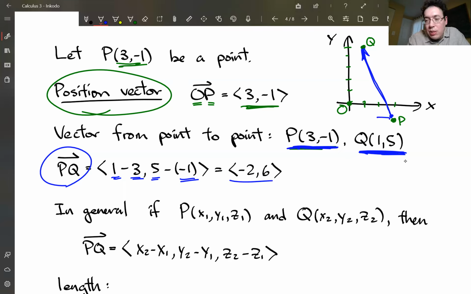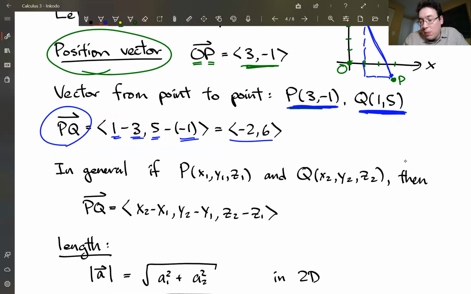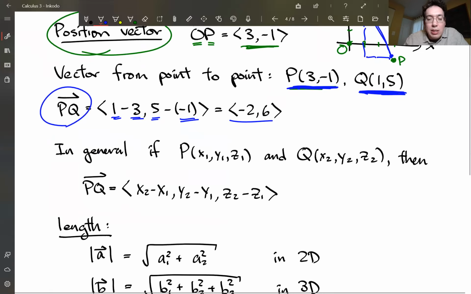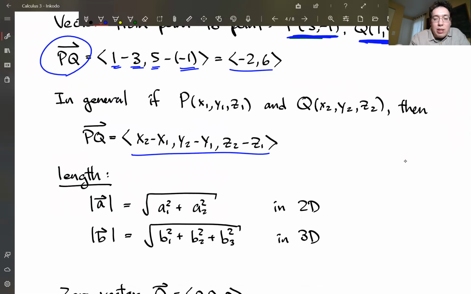So it goes 2 units to the left and 6 units upward. That's exactly what we have pictured there. Okay, so in general, if you want to do this in 3-dimensional space, it's still the same idea. Look at the difference of the coordinates, but make sure to put the coordinates of the head of the arrow first, and then subtract the coordinates of the tail of the arrow. That's the general way to compute something like that.